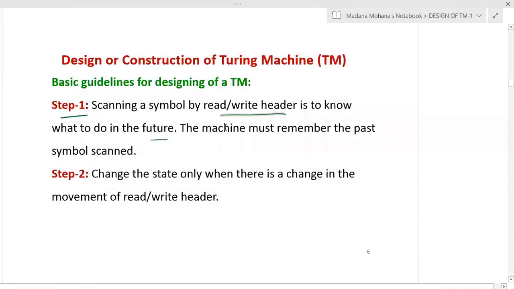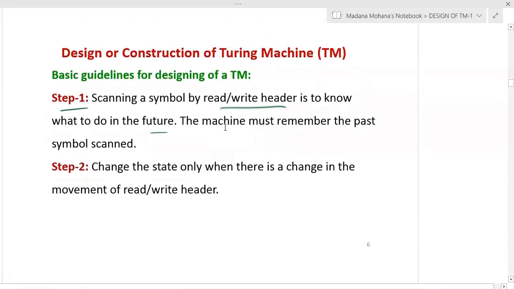So here, the basic guidelines for designing a Turing machine for a given language are based on the following two steps. First, whenever you are designing a Turing machine, the finite control scans a symbol by using the read or write head and needs to know what to do in the future.